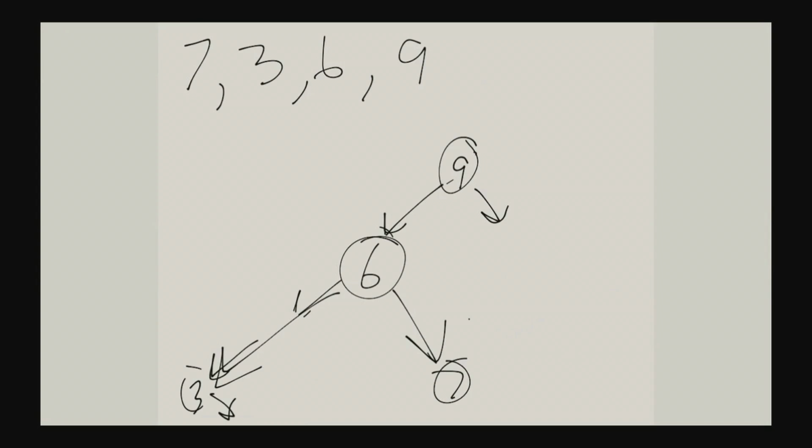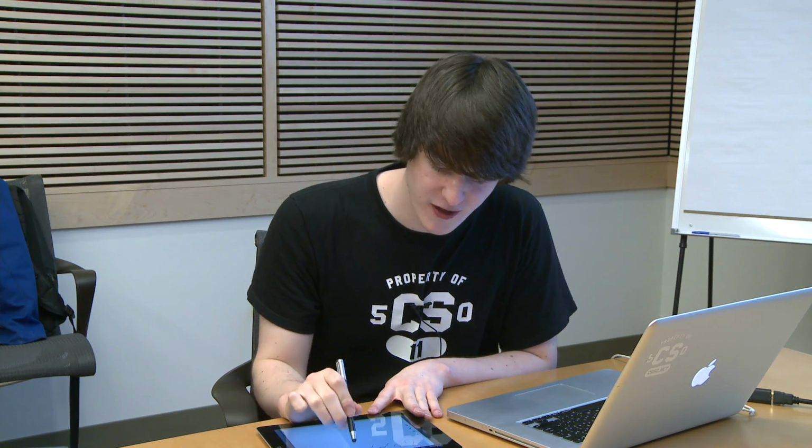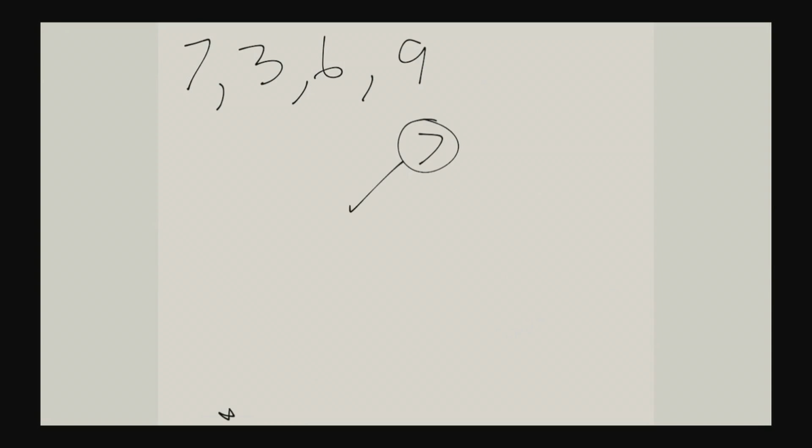So this is still a valid binary search tree. So what is wrong if, let's see if I can come up with an arrangement. Yeah, okay. So what is wrong with this tree? I guess I've already given you a hint that there is something wrong with it. Let's go.